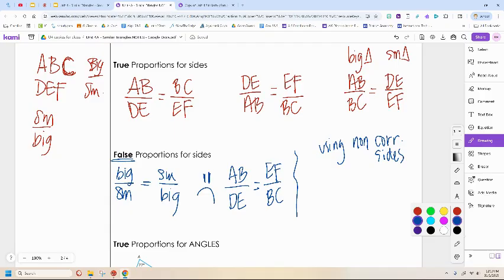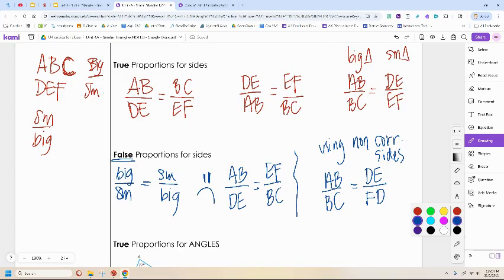So say they do the first fraction as AB over BC, but then they do the second fraction as DE over FD, right? FD doesn't match with BC. Do you guys see how that works out? It's not a match.